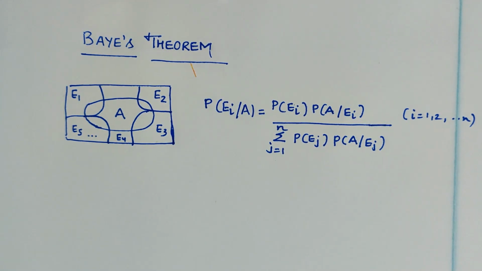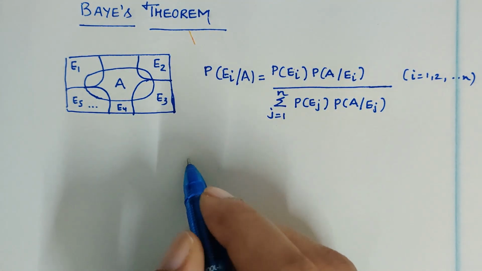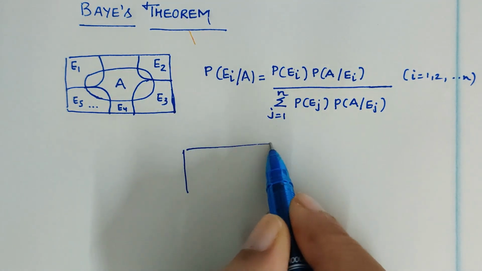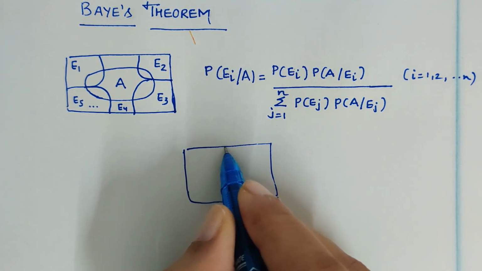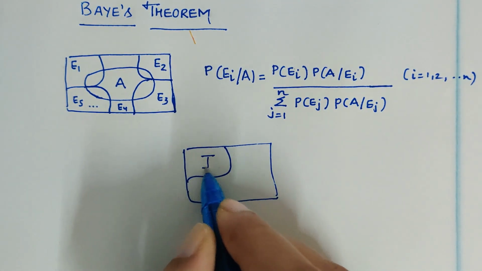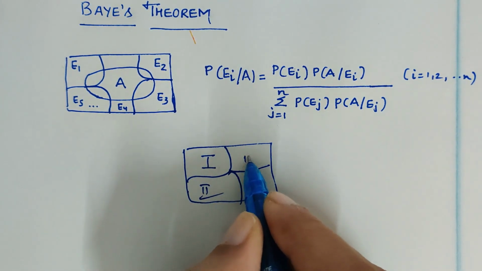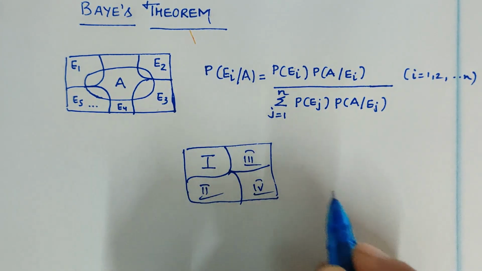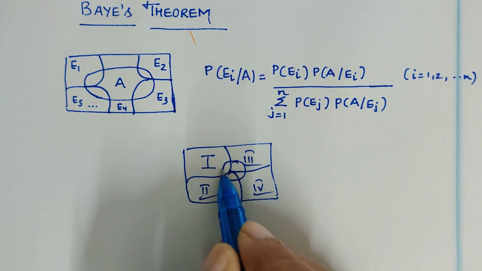For example, let us say there is a village in which there are 4 different houses. This is the first house, this is the second house, this is the third house, and this is the fourth house. And also, as we all know, in villages we can see a well.